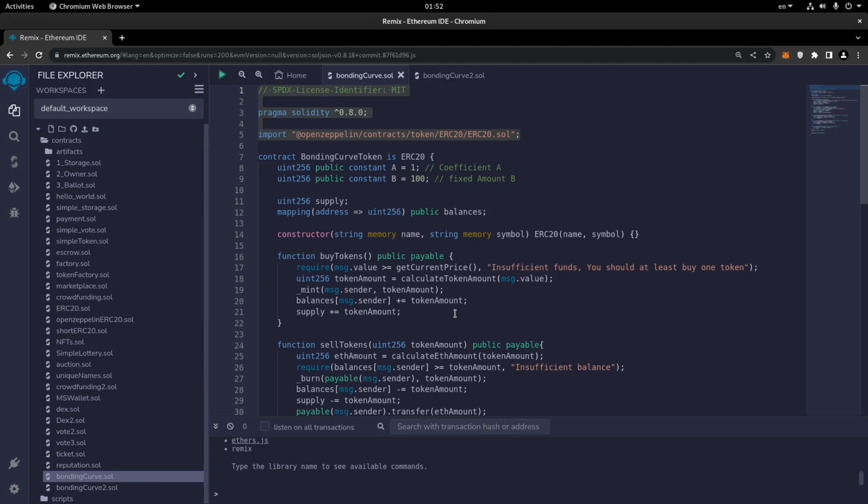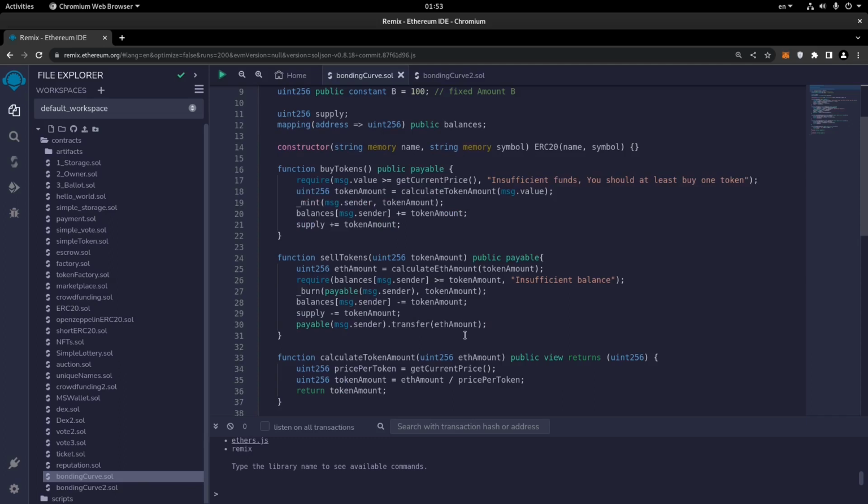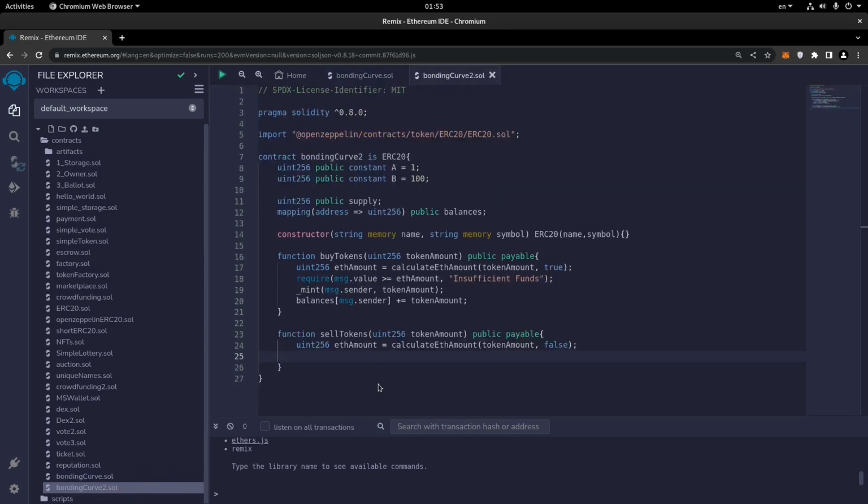So we wouldn't need to decrease or increase the price every time we were buying or selling, because we would multiply or divide the number. If you haven't understood what I'm saying right now, don't worry, because at the end of this smart contract you will understand it. Right now, because we haven't written the calculateETHAmount, you might not understand. Anyway, let's continue.